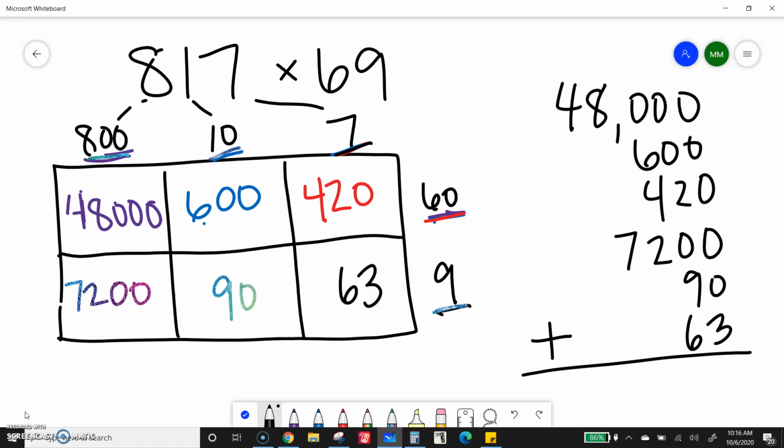Add those up. 3. 2 plus 9 is 11, plus 6 is 17. 1 plus 6 plus 4 is 11, plus 2 is 13. 8 plus 7 is 15, plus 1 is 16, and then a 5. So I get 56,373.